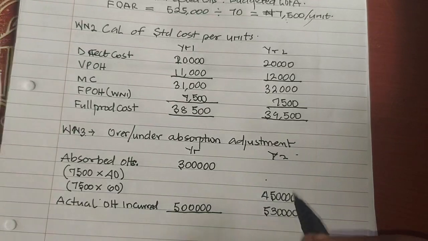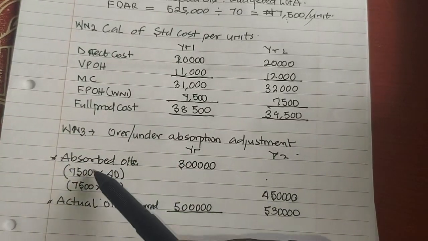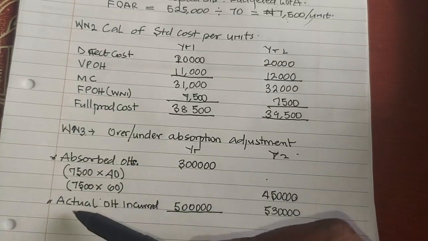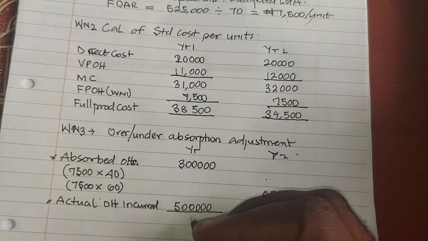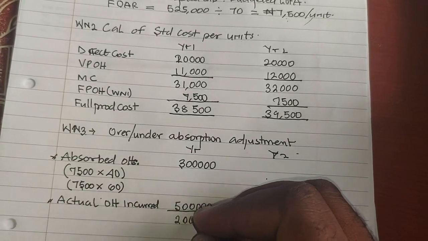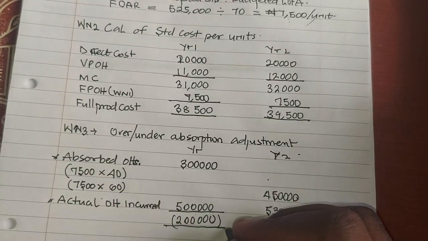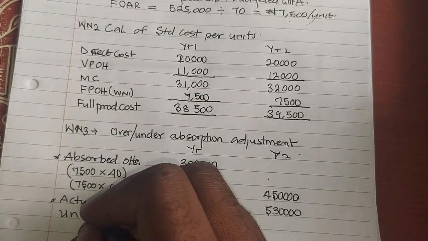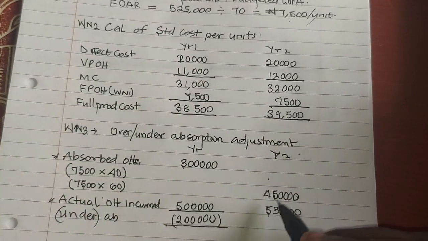Now you look at this formula. You start with absorbed minus actual. If your answer is negative, so of course it's negative here, that is under absorbed. Then it's also negative here.